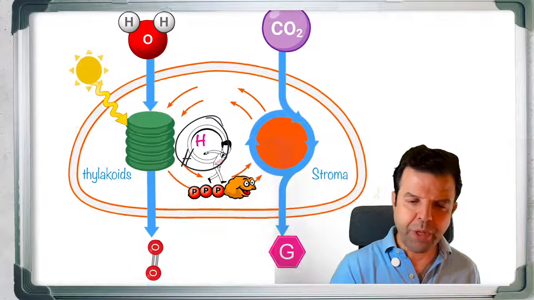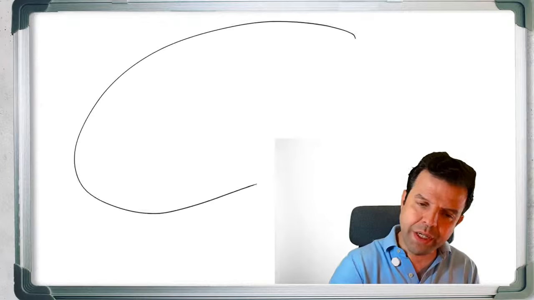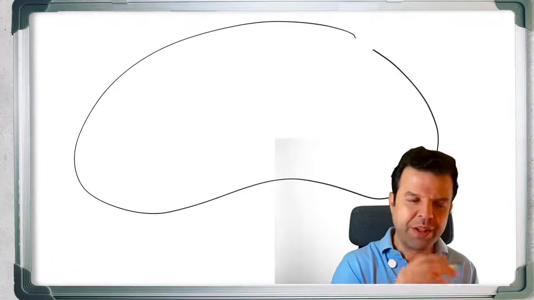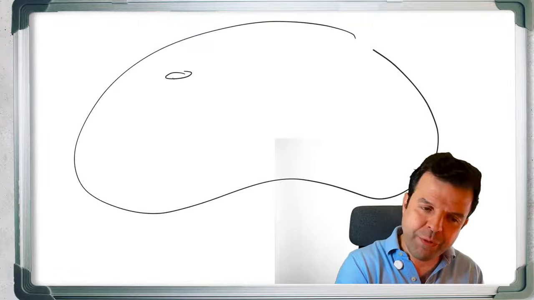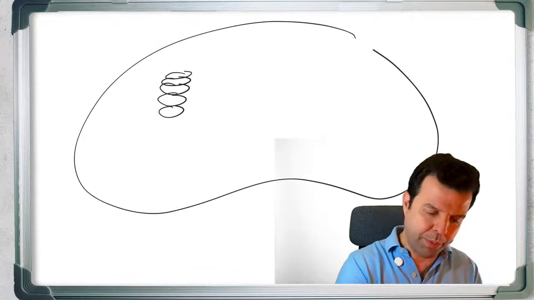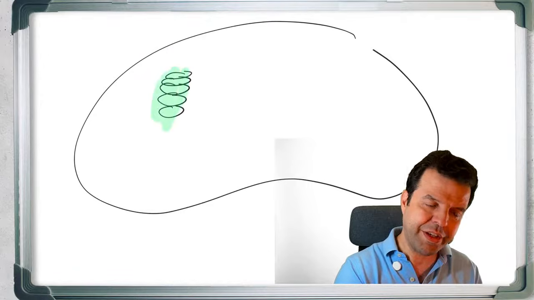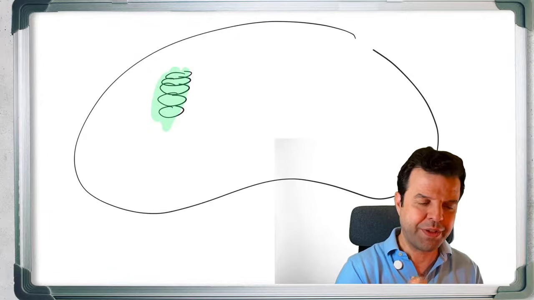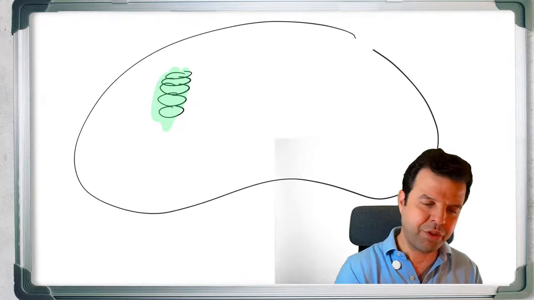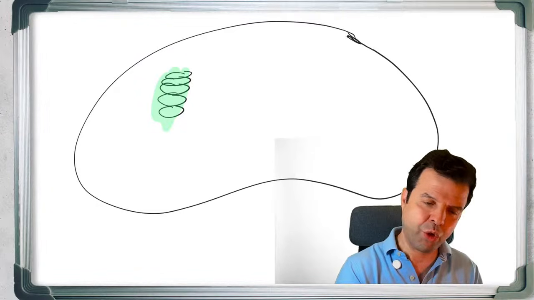Okay? So again, in brief, what did we do? This is an outline of photosynthesis. We're going to split photosynthesis into two parts. One part takes place entirely here in the thylakoids, and another one takes place here in the stroma.